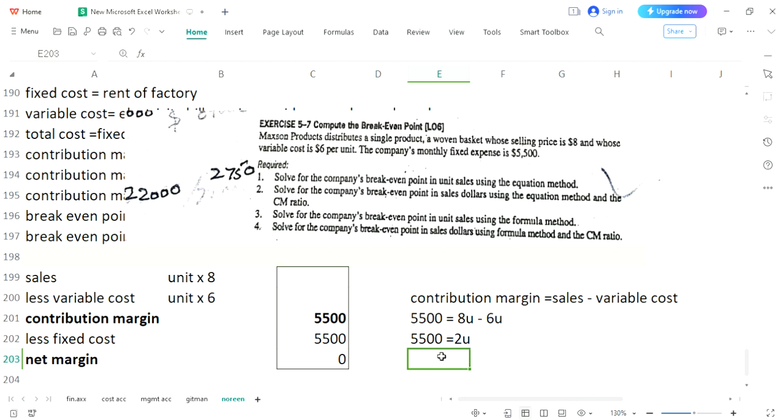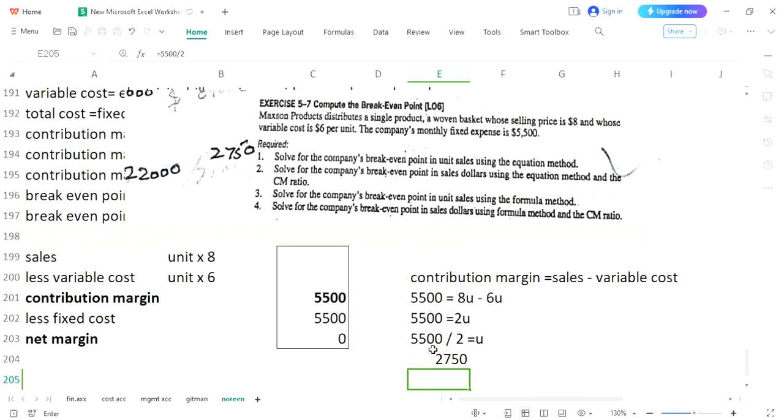When you take it to the left side, it would be divided. So 5500 is divided by 2, and what is left on the right side? Just U. The next step is to calculate 5500 divided by 2. So you have got the amount 2750, which is U for units. So we have calculated units, that is 2750.